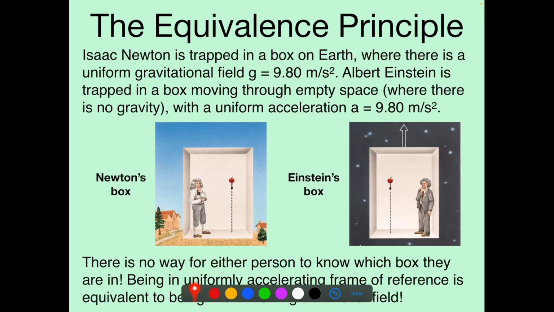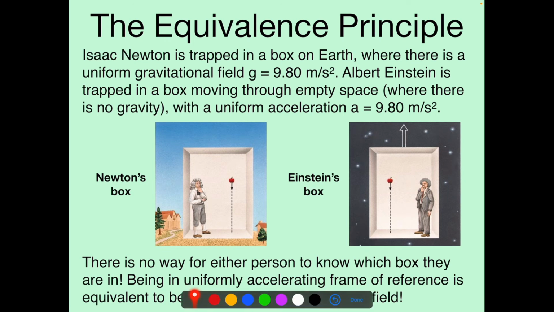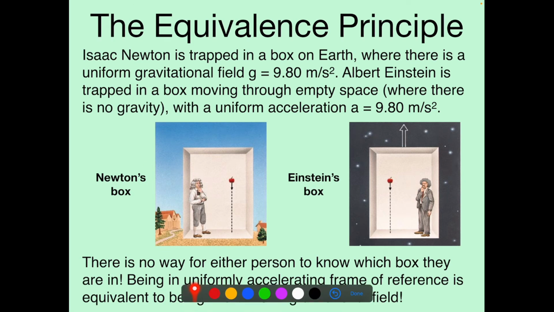There is no gravity here in Einstein's box, but the box itself is accelerating at a rate of 9.8 meters per second squared. And so we'll also stipulate that these boxes don't have any windows. So Newton can't just look out the window and say, I'm on Earth. Einstein can't just look out the window and say, I must be in space. If they're going to figure out which box they're in, they're going to have to try something else.